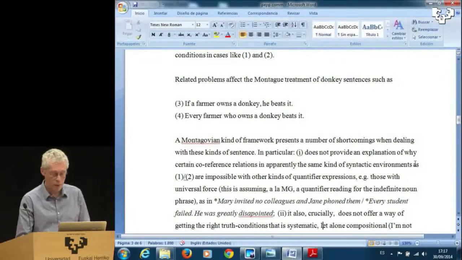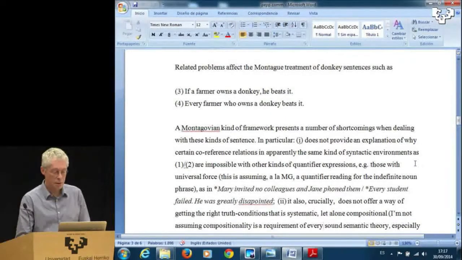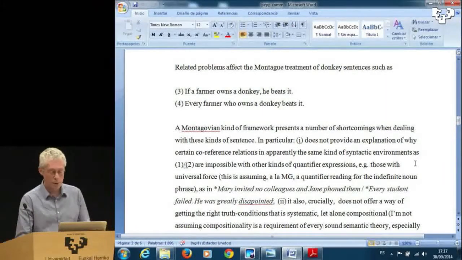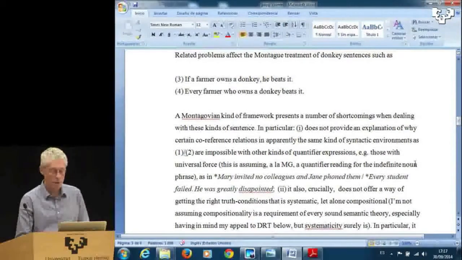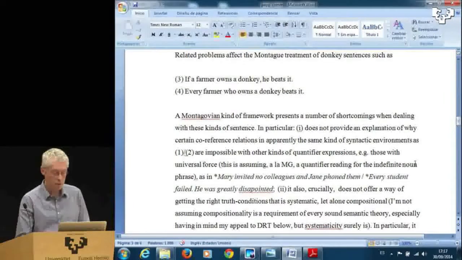This is assuming, à la MG, a quantifier reading for the indefinite noun phrase, as in: star, Mary invited no colleagues and Jane phoned them; every student failed, he was greatly disappointed. Second, it crucially does not offer a way of getting the right truth conditions that is systematic, let alone compositional.